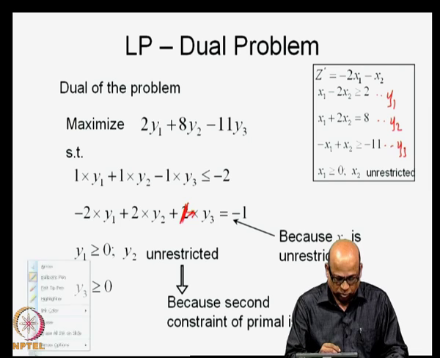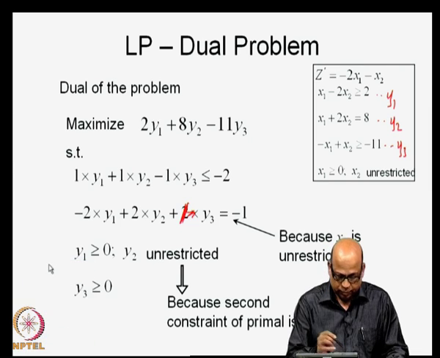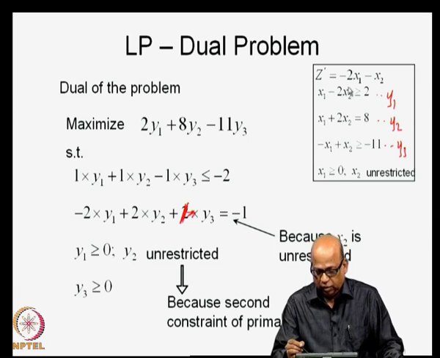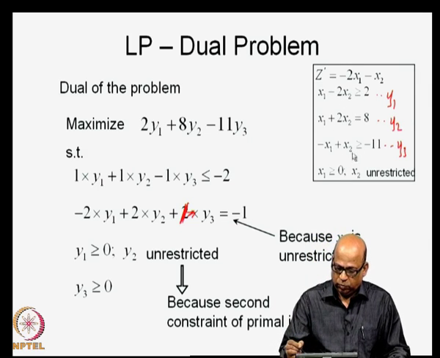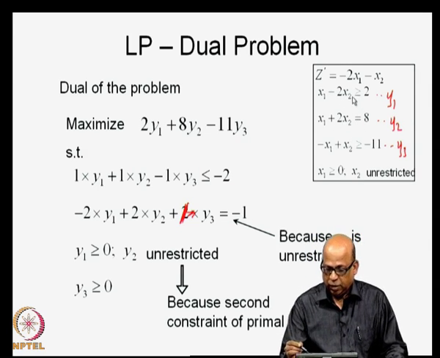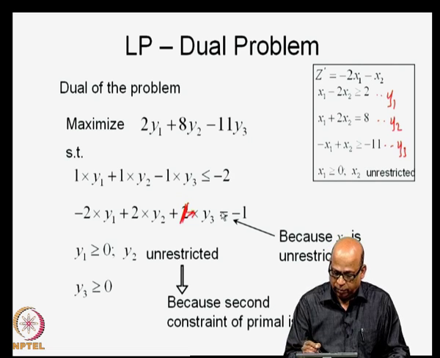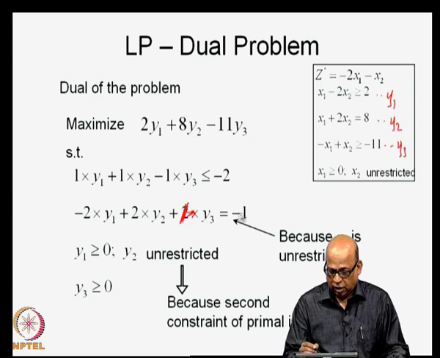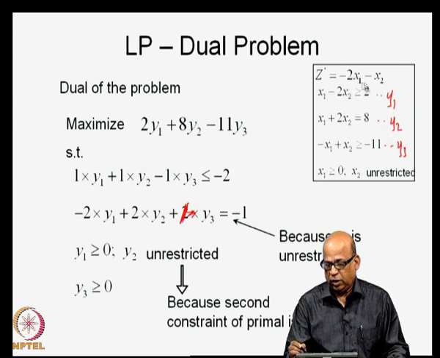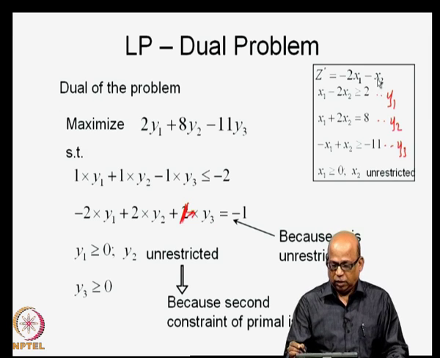Why do I write is equal to now? We are writing a constraint corresponding to the variable x2. The x2 variable is unrestricted in sign. Therefore, the constraint that is defined for the variable x2 in the primal will become an equality constraint, equal to the coefficient of that particular variable in the objective function, which is minus 1.